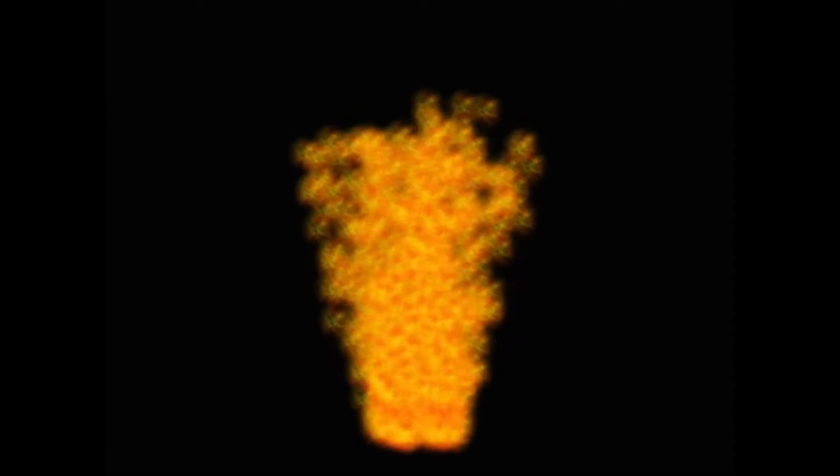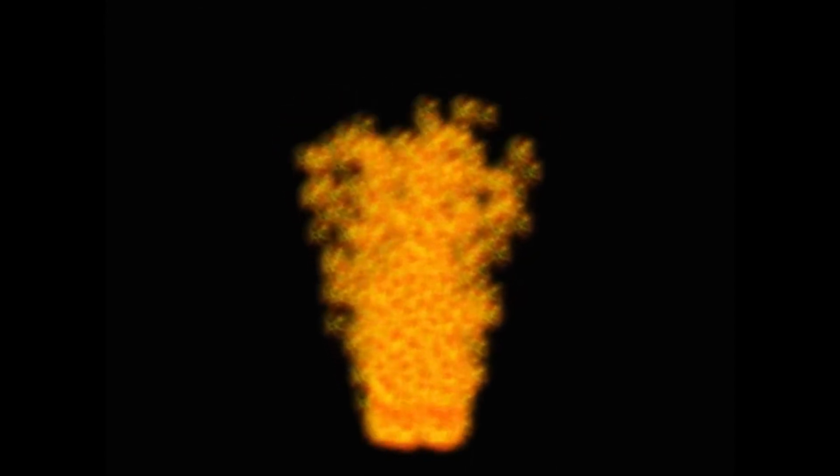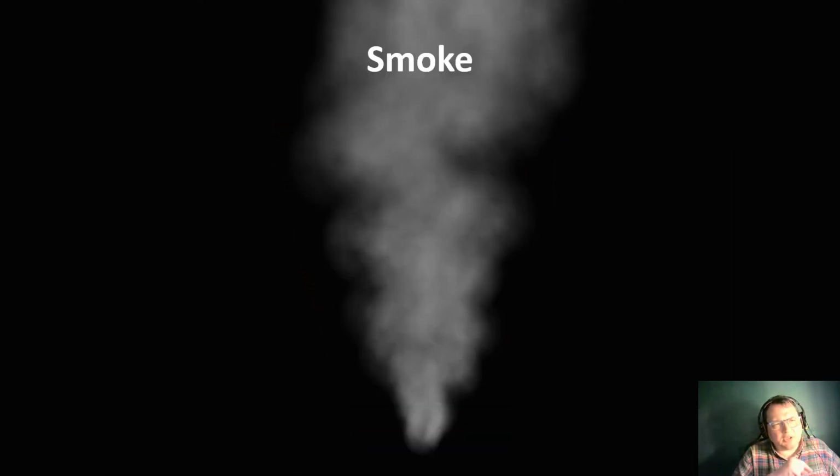The result is like this. Maybe not that naturally and realistically looking, but please remember this is just a 2D simulation. I think that smoke is much better looking in a 3D simulation.